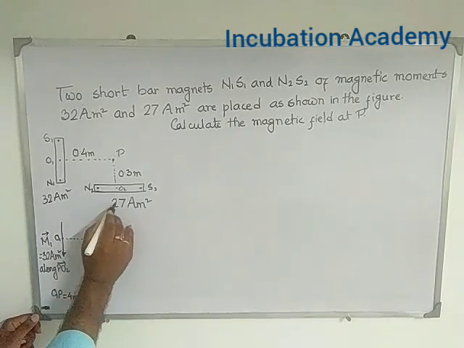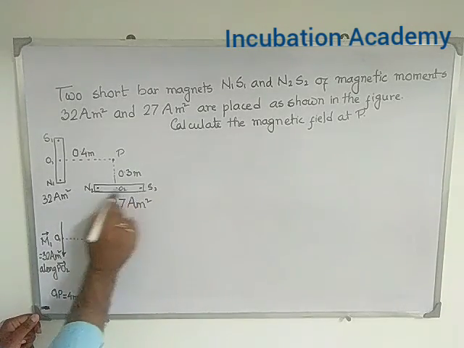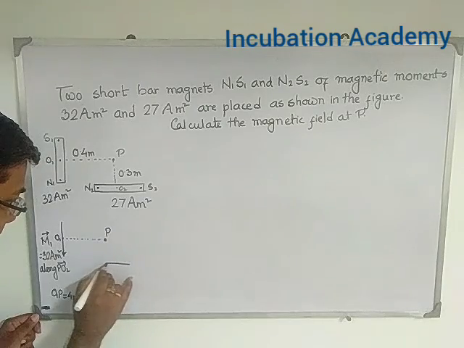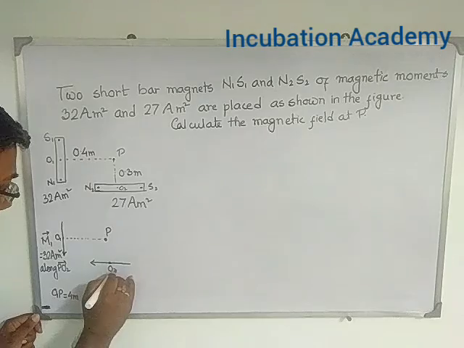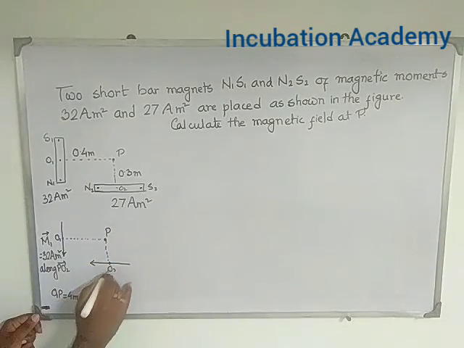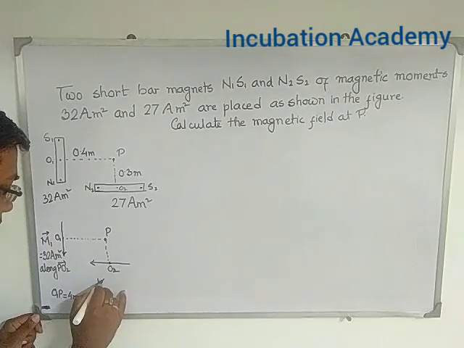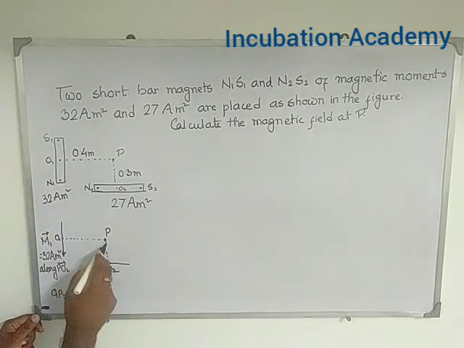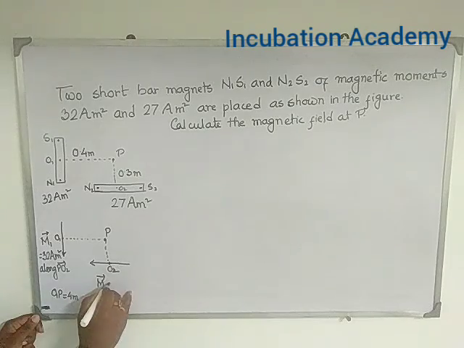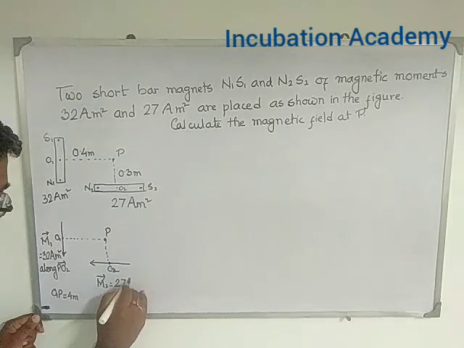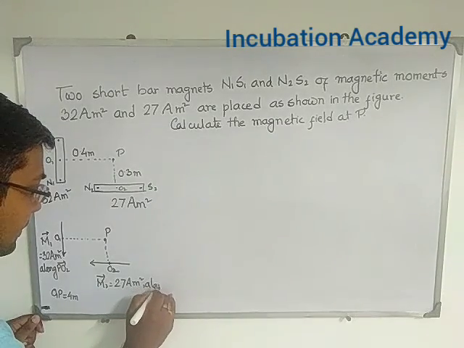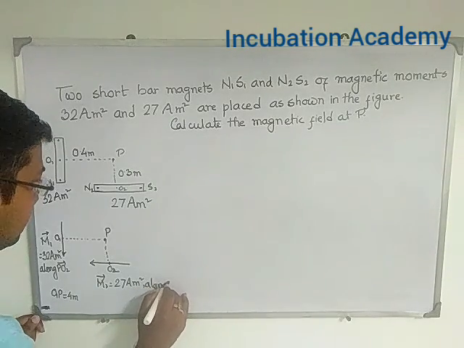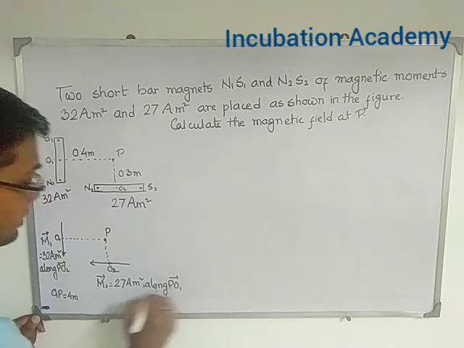Now this magnetic moment, that is S2N2, is directed in that direction. This is the point O2, say, so this is O2P, and M2 is along PO1, so M2 is equal to 27 ampere meter square along PO1.